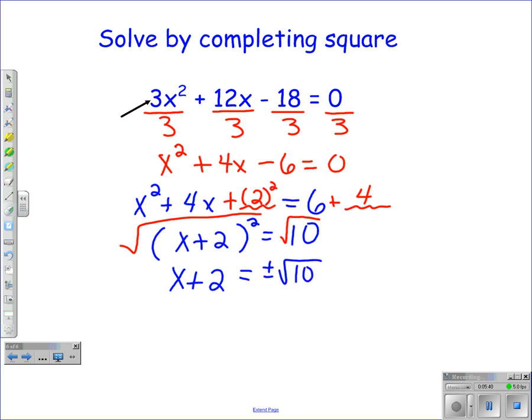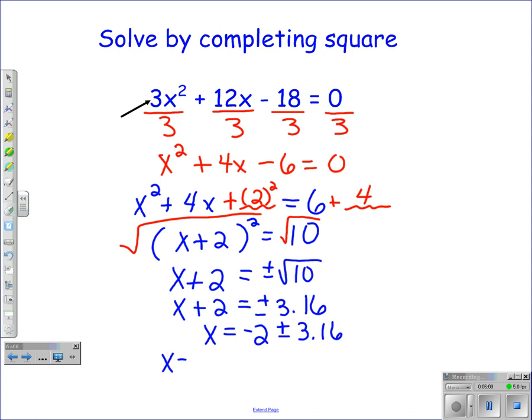This is where we pick up our calculator and we find out what the square root of 10 is. We'll write down x plus 2 is equal to plus or minus 3.16. And again, bring your 2 over, it will become negative, so we have negative 2 plus or minus 3.16.